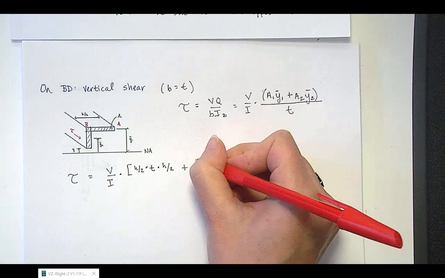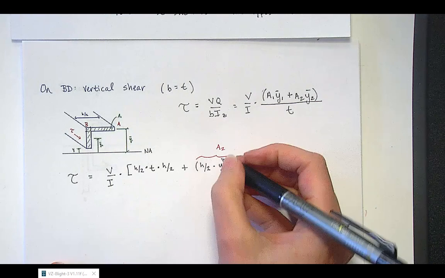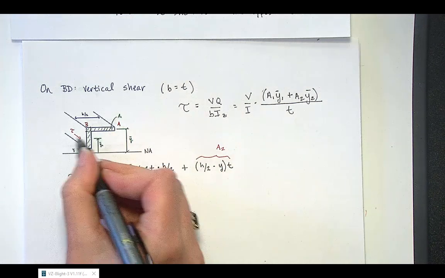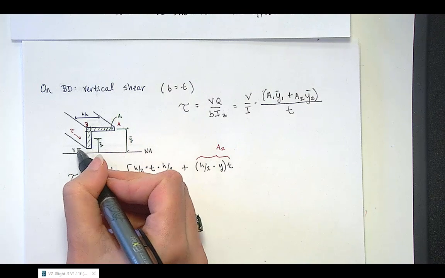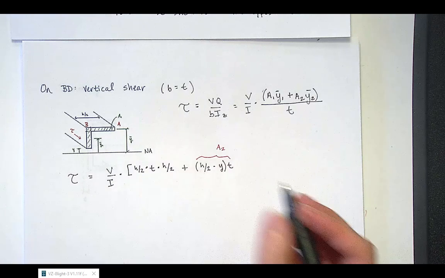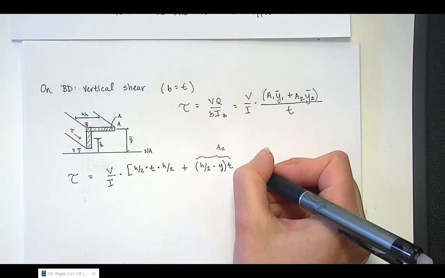So that is our A2. And then our Y2 bar is going to be half of H over 2 minus Y, divided by 2. So that's the full distance divided by 2 plus Y then.